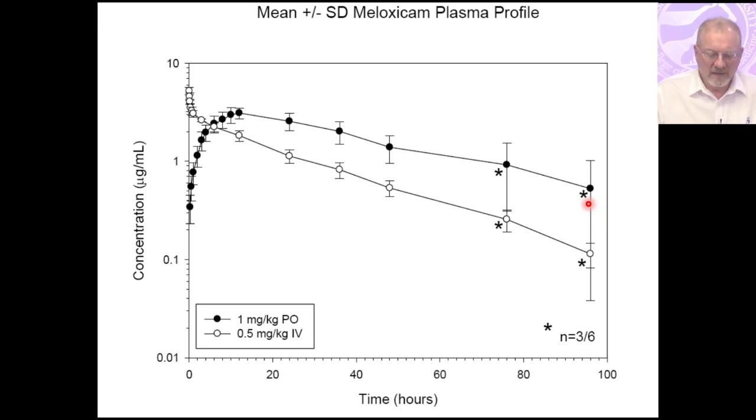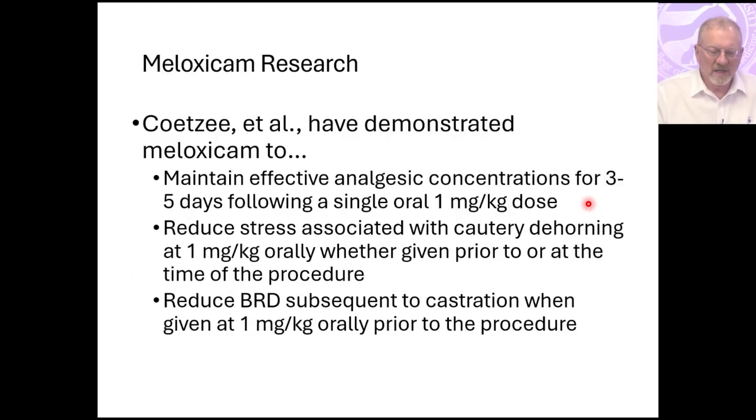And when you look at some of the work that's been done, effective analgesic concentrations for 3 to 5 days following a single oral 1 mg per kg dose. And it's been shown to reduce stress associated with cautery dehorning at a mg per kg orally, and reduce BRD subsequent to castration when given at a mg per kg orally prior to the procedure. So those are all out of published papers. I'd be glad to provide you.